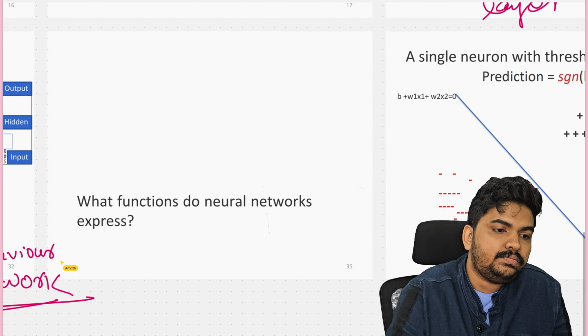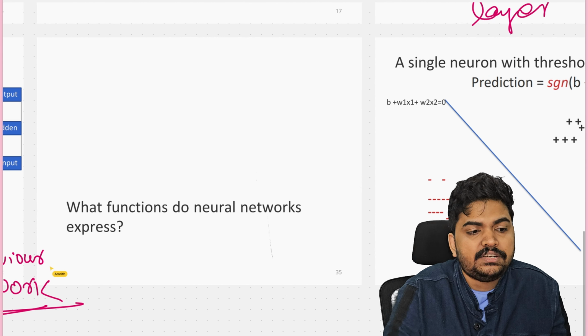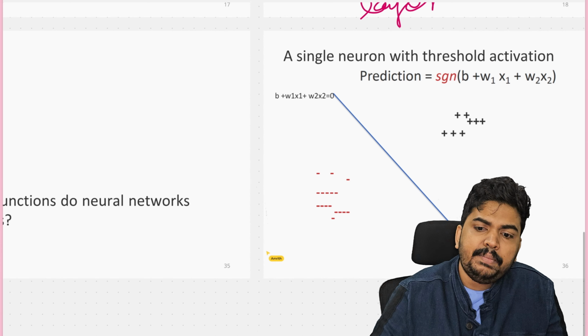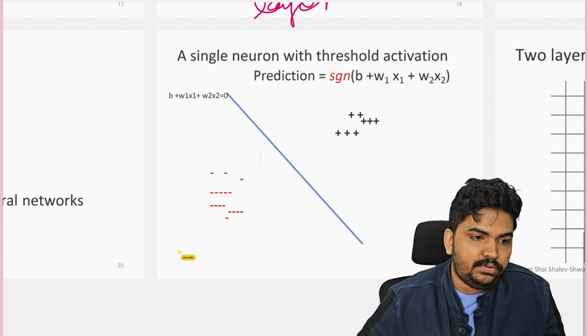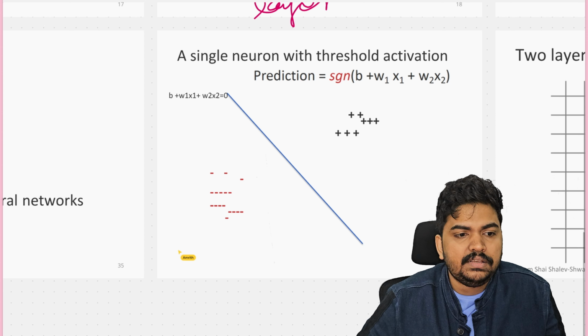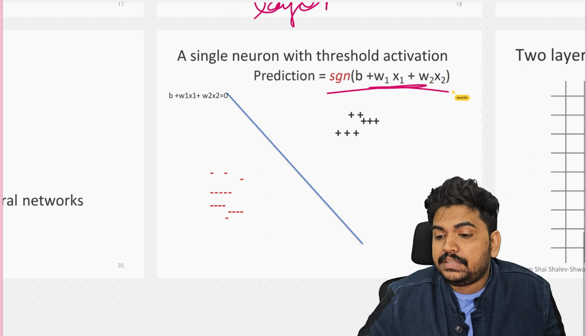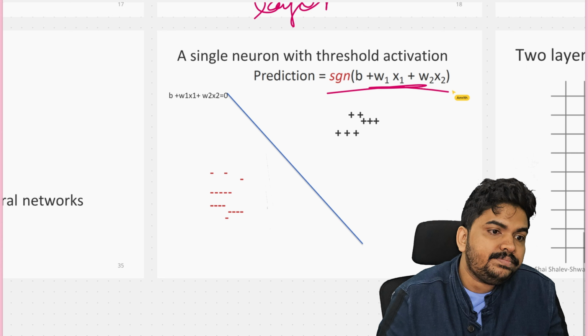Now, what functions do neural networks express? Imagine that you encountered a single neuron, a neuron with a threshold activation. It is nothing but a linear classifier.